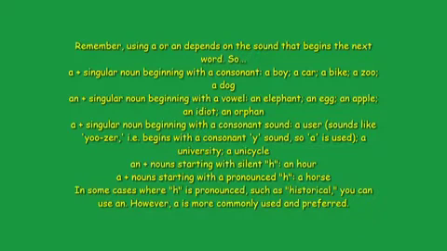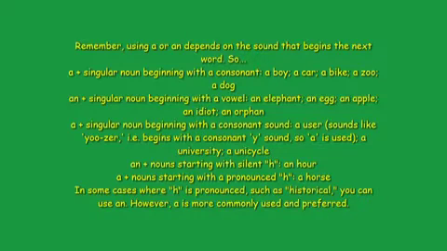A plus singular noun beginning with a consonant sound. A word like user begins with a consonant Y sound, so a is used: a university, a unicycle. An plus nouns starting with a silent H, like an hour.